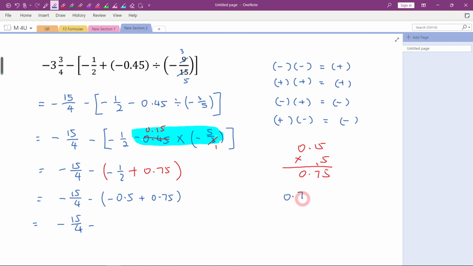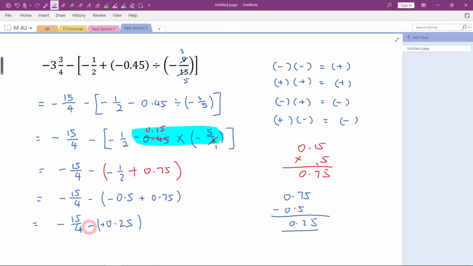So 0.75 and 0.5, you just find the difference between these two. 0.25. This means you earn 25 cents. So it means positive 0.25.